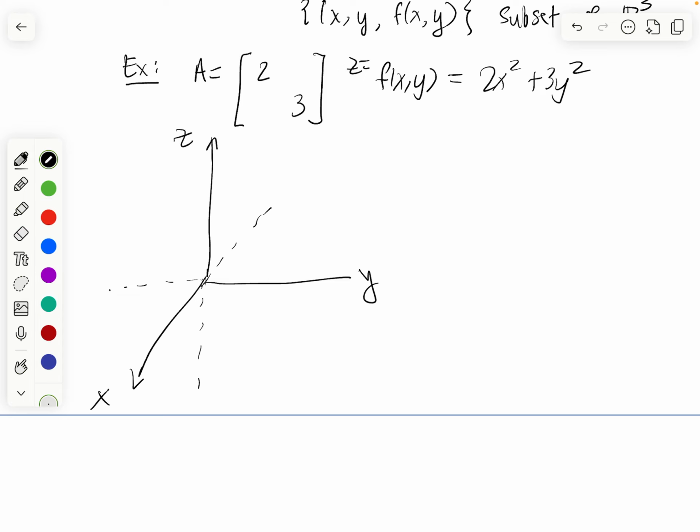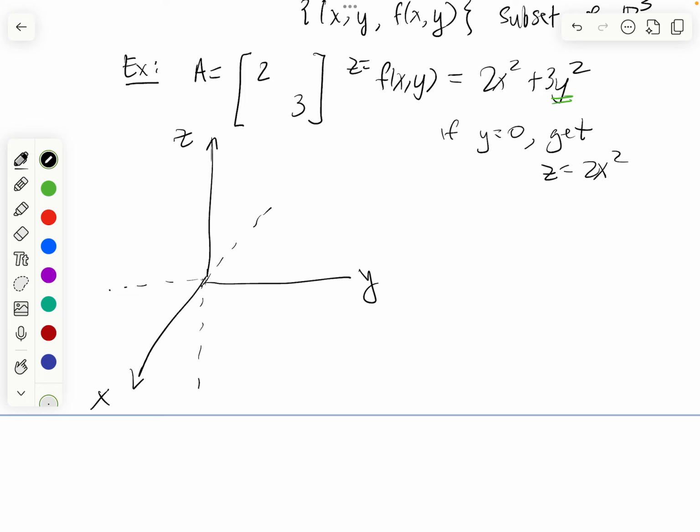So for instance, let's say you look at the cross-section with this plane where y is equal to 0. If you set y equal to 0, then you're just going to get z equals 2x squared.